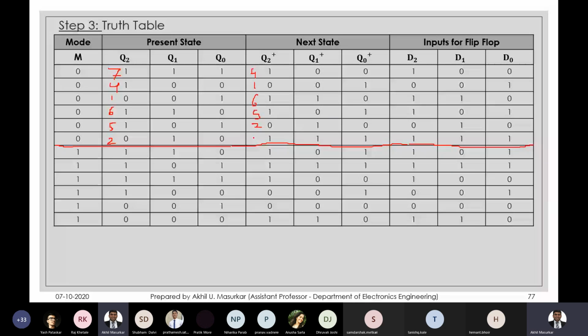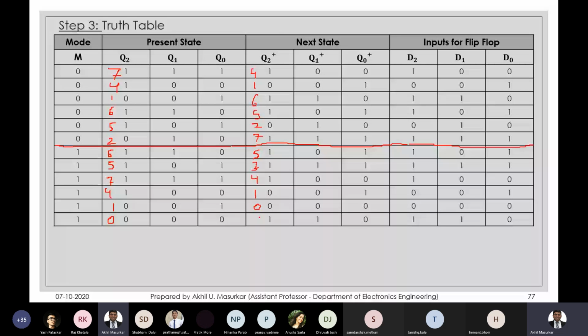So the next state of 7 is 4, the next state of 4 is 1, and so on. This is the second sequence, M equals 1: 6, 5, 7, 4, 1, 0, and the next states are 5, 7, 4, 1, 0, 6.